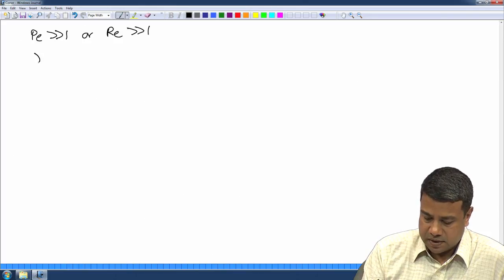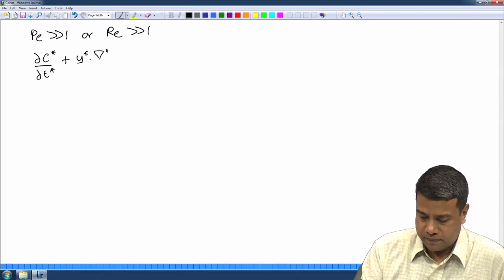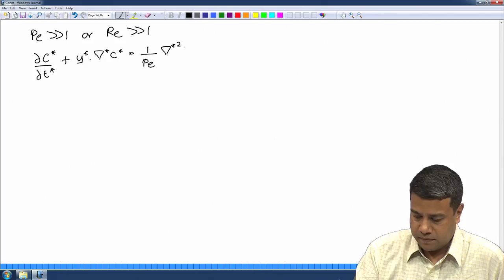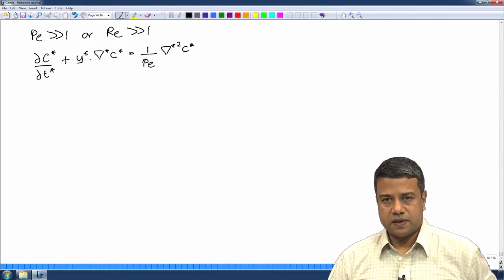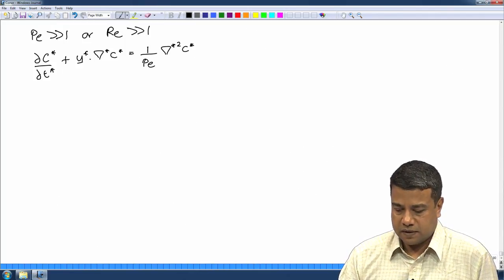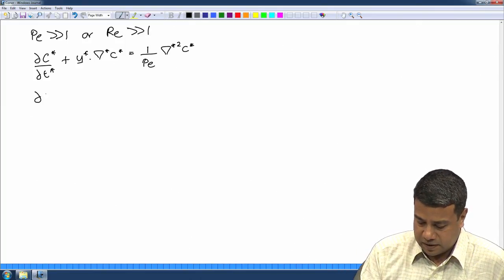So, if I divide by the Peclet number, I will get an equation of the form So, that will be the conservation equation in the limit of high Peclet number for the concentration field, and an analogous equation for the temperature field.